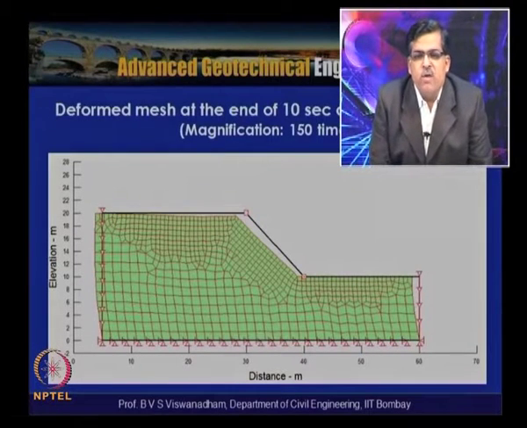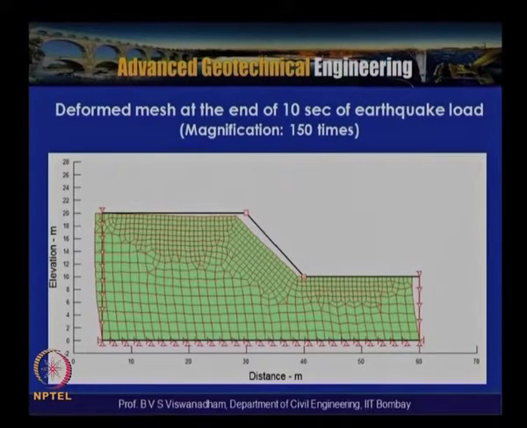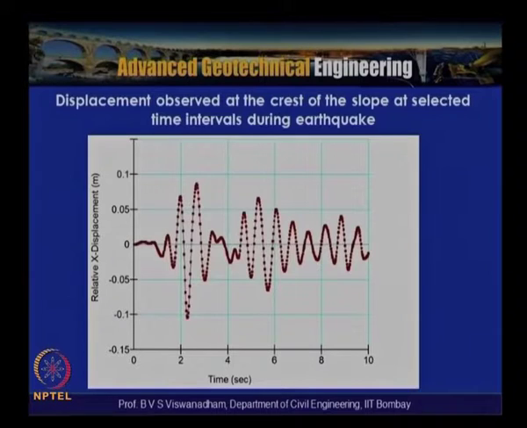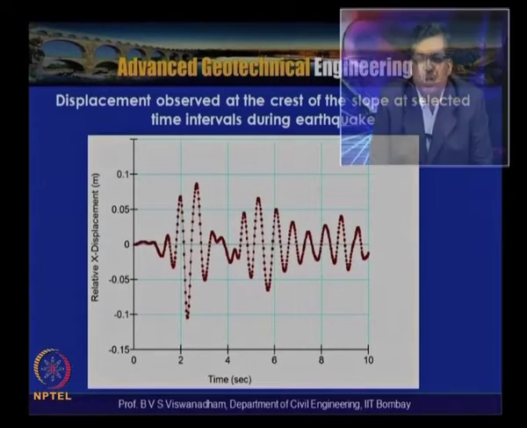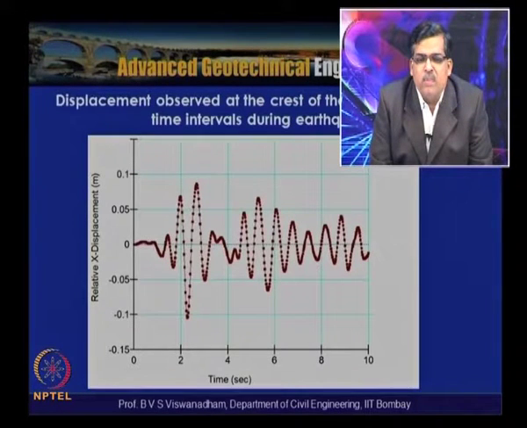So this is the deformed mesh at the end of the 10 seconds of earthquake load. This is magnified by 150 times, so it can be seen that the slope has undergone deformations. The displacements observed at the crest of the slope at selected time intervals during the earthquake were plotted. It can be seen that the crest displacements range from minus 0.1 meter to plus 0.1 meter because of the ground motion.